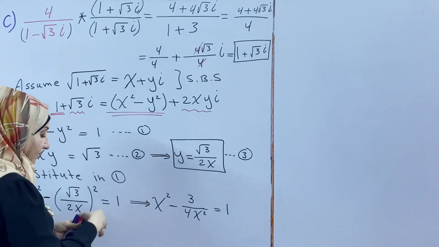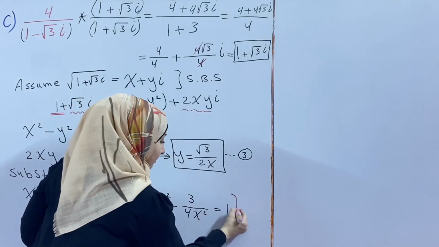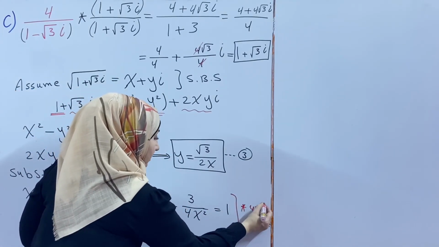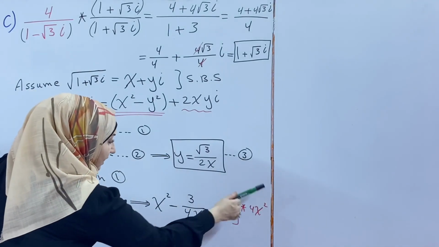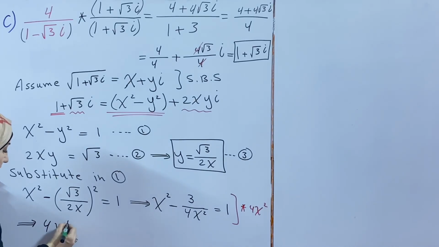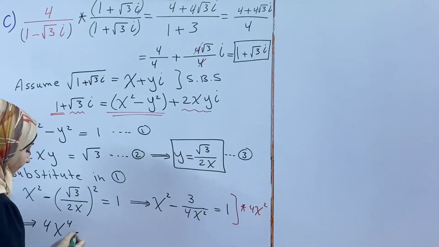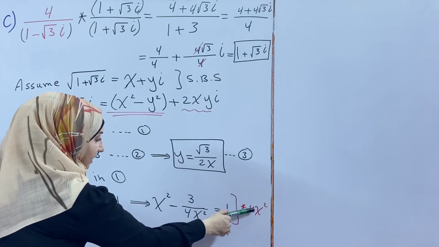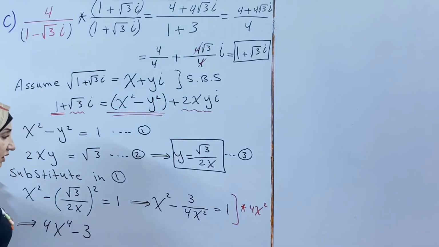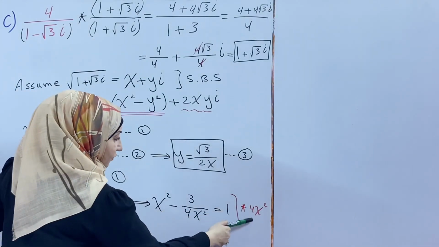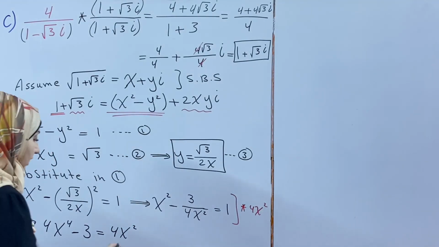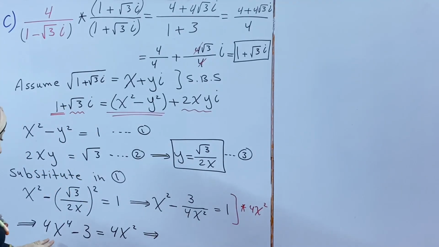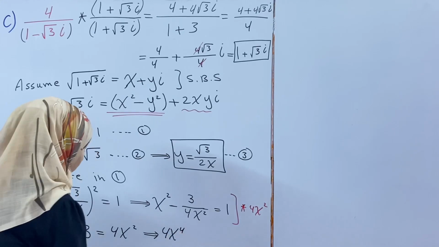How do I get rid of the fraction in this equation? By multiplying both sides of the equation by the denominator, which is 4x squared. So I will get x squared multiplied by 4x squared, which is 4x power 4, minus 3 on 4x squared multiplied by 4x squared, which is only 3, equals 1 multiplied by 4x squared, which is 4x squared. And now I can write this equation as 4x power 4.